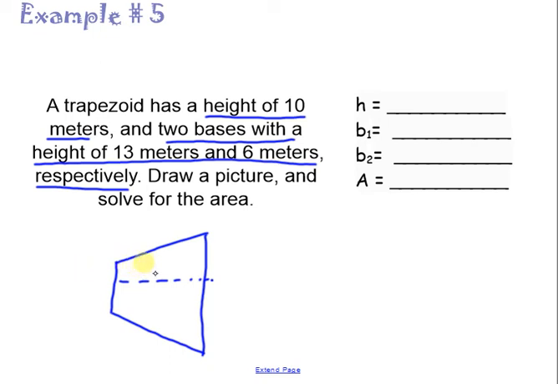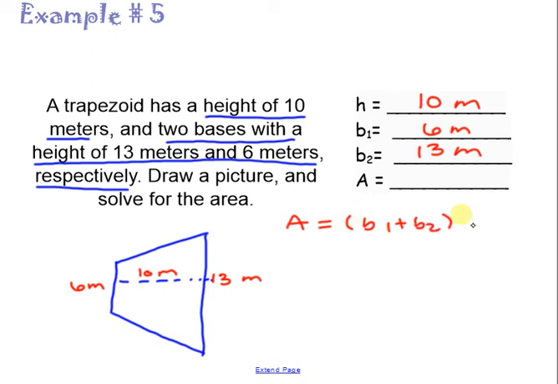Alright, so it has a height of 10 meters, and then one base is 6 meters, and then this other base is 13 meters, right? So our height is 10 meters, this is 6 meters, and this is 13 meters. So let's write our formula. Area equals base 1 plus base 2 in parentheses times the height times 0.5.